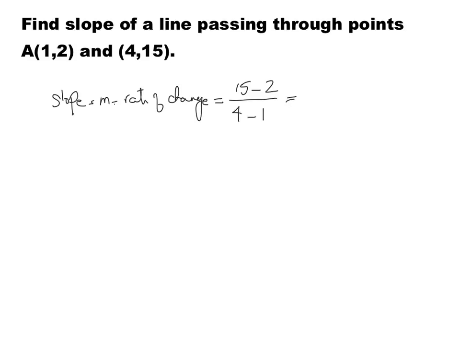So we get 15 minus 2 is going to give us 13. 4 minus 1 is going to give us 3. So the slope of this line is going to be 13 over 3.